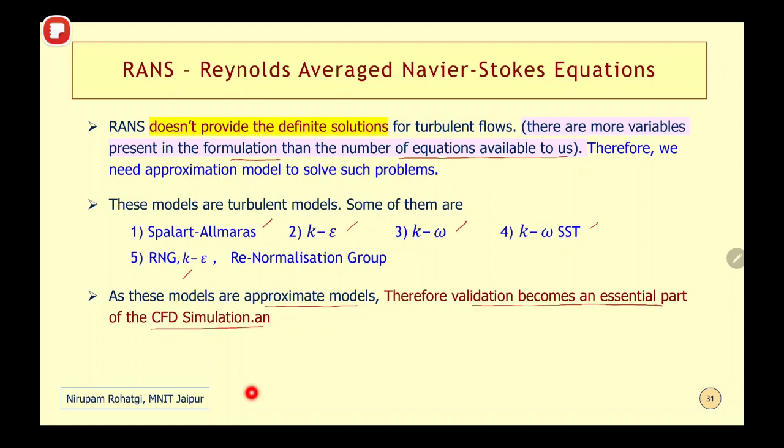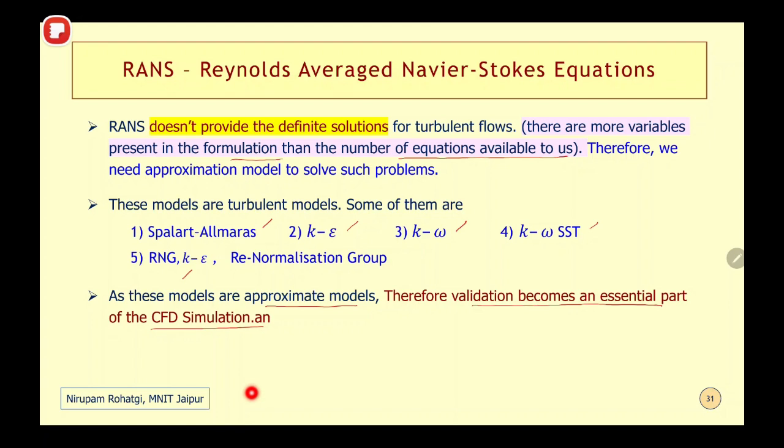But then it is not till the end. At some point they make approximations. So all these models become approximations, which means that your solutions are not 100% true. And that is why there are many models, and not only these, there are many more.